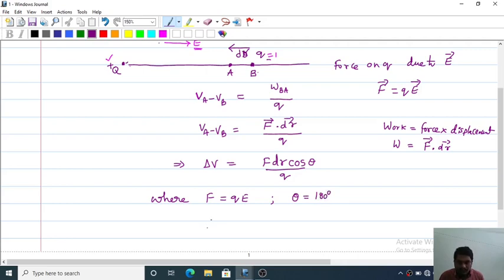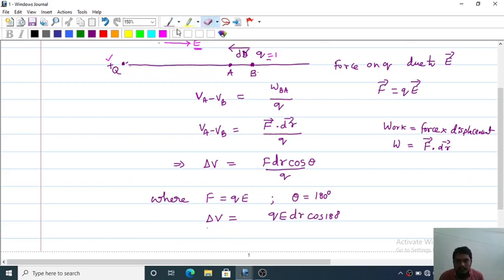Therefore, substituting the above values in the potential difference formula, we get F equals Q into E, so dr cos 180 degrees. That implies delta V is equal to this, divided by Q. I forgot to write Q here.